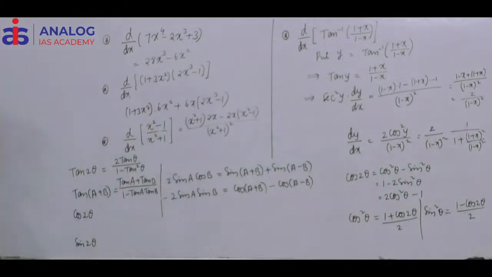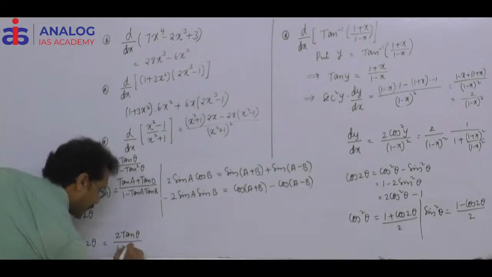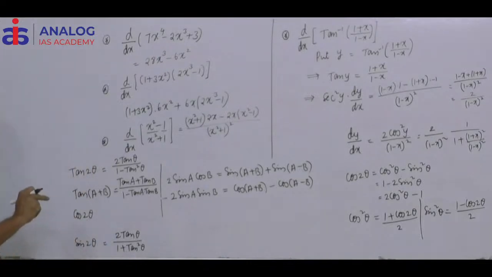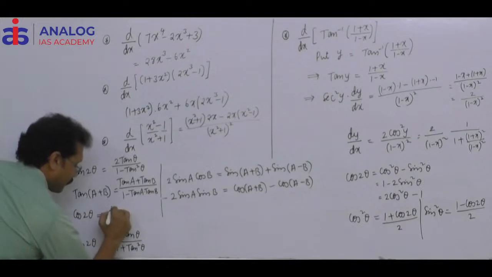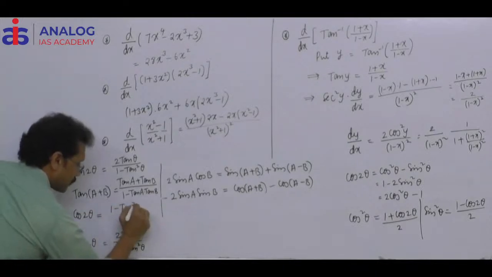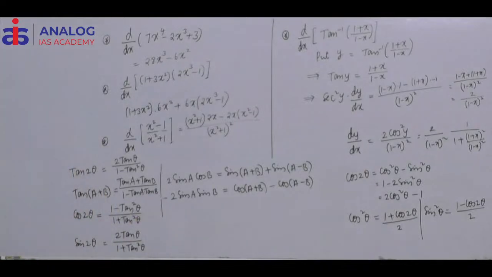Sin 2 theta is 2 tan theta by 1 plus tan square theta. Remember, all these will be useful. Okay, cos 2 theta is 1 minus tan square theta by 1 plus tan square theta. All these things you will get somewhere. Got it? Okay.